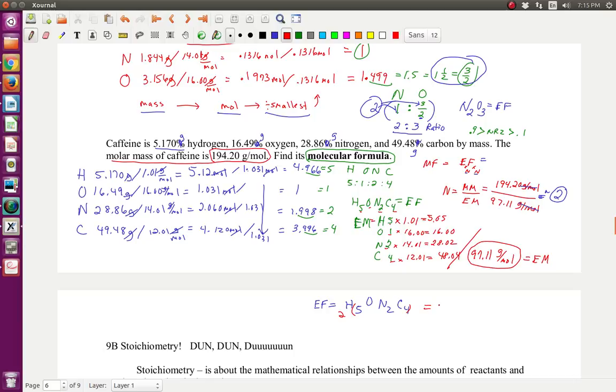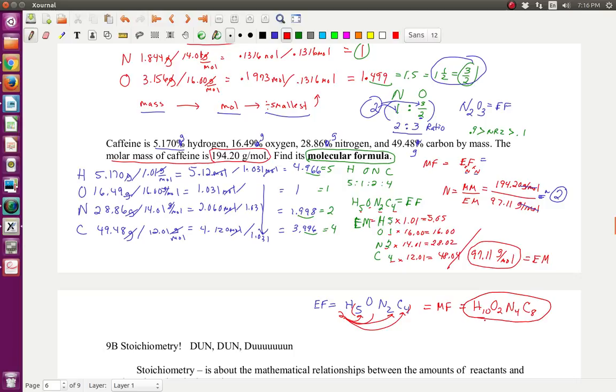So this is going to equal the molecular formula, which is equal to 2 times 5, H10, 2 times 1, O2, 2 times N, N4, and 2 times 4, C8. So this is the molecular formula. That would be the final answer.